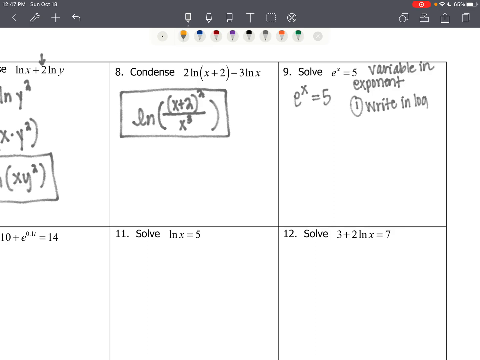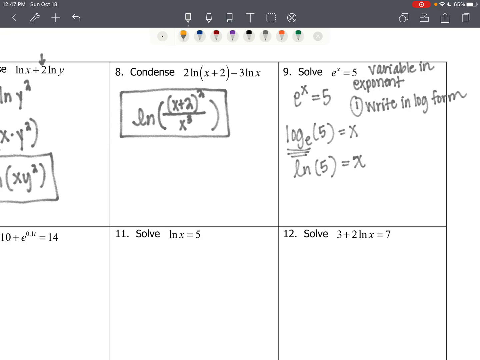That's how you get your variable out of the exponent. So this will be log base e of 5 equals x. And we know that log base e is the natural log of 5 equals x.